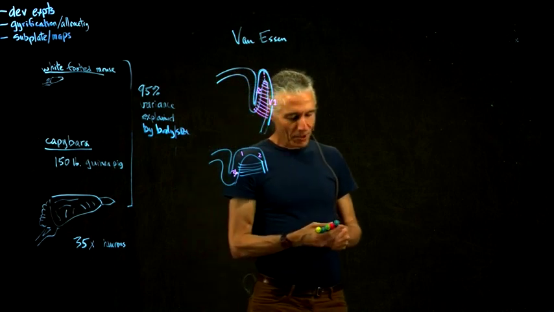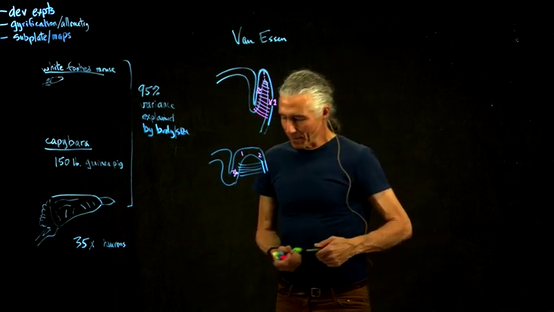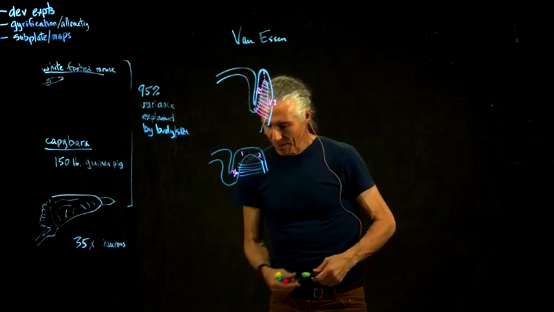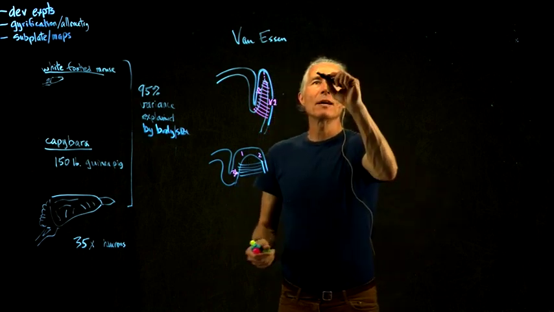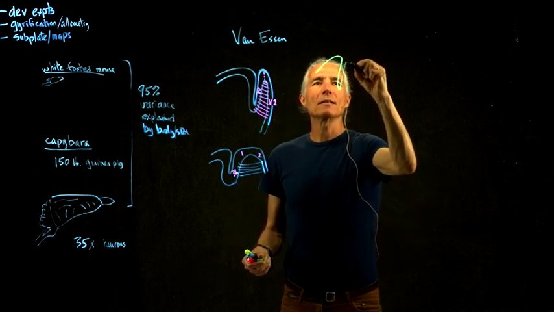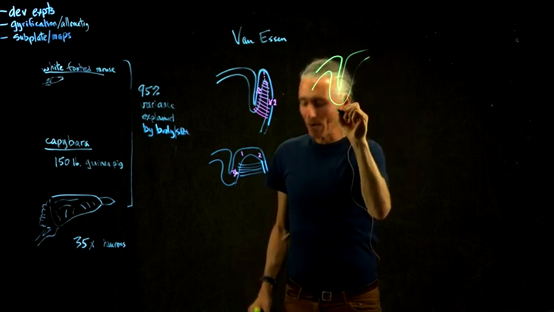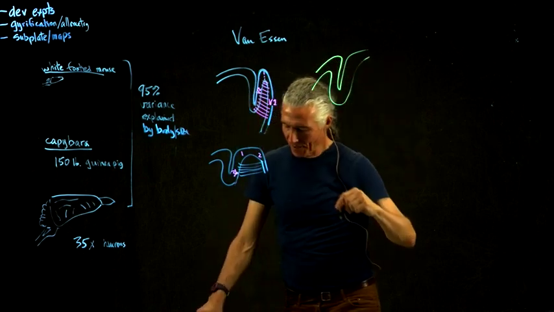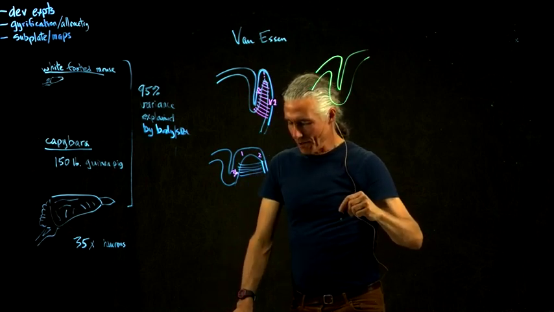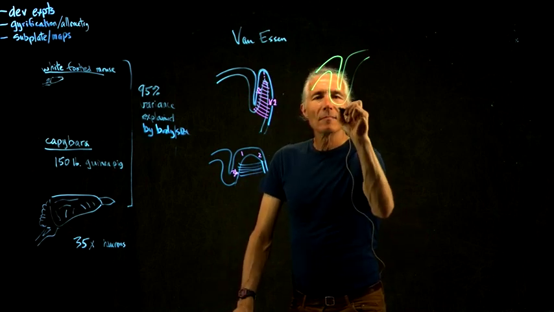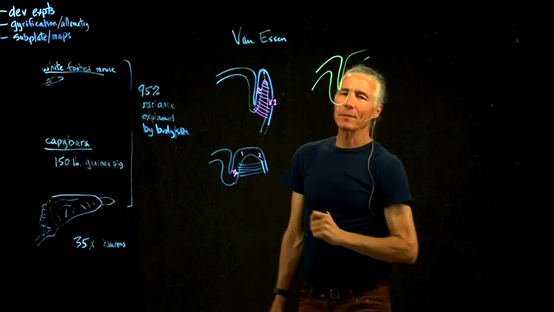But then people started doing some very simple experiments. Here's an example of an experiment. Say you've got a sulcus like this. What if we go down here and make a little cut? You could just make a little cut in the cortex and see what happens.